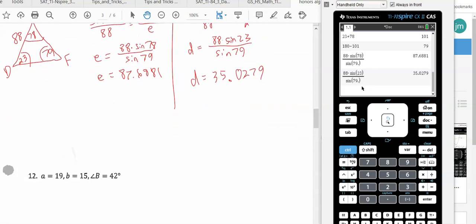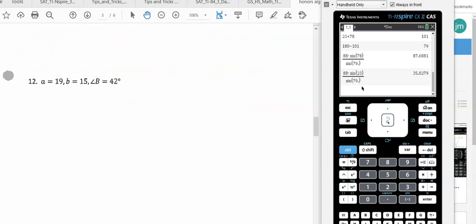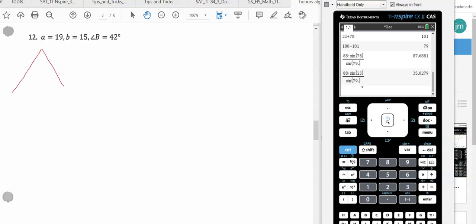We've solved that triangle. Now we're finally, so exciting here. This is pretty much guaranteed to be a two-solution problem. So let's try it and see what happens here. Little a is 19, little b is 15, and capital B, the angle, is 42.